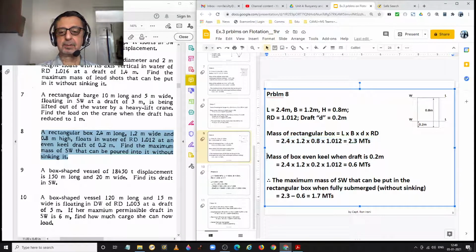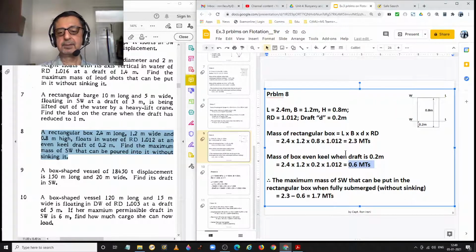Mass of the box when floating on even keel at a draft of 0.2 meters will be equal to 2.4 into 1.2 into 0.2 into 1.012, which is the RD of the water in which it is floating, gives us 0.6 metric tons.